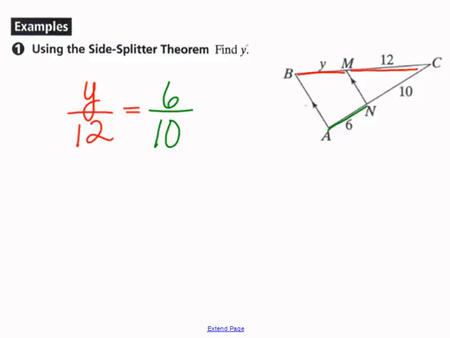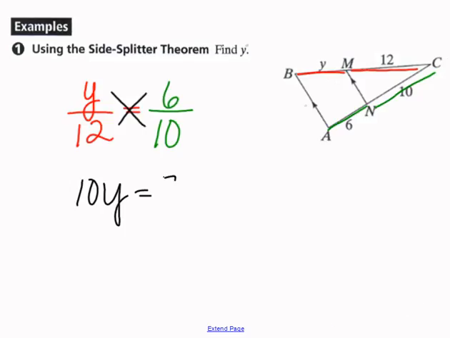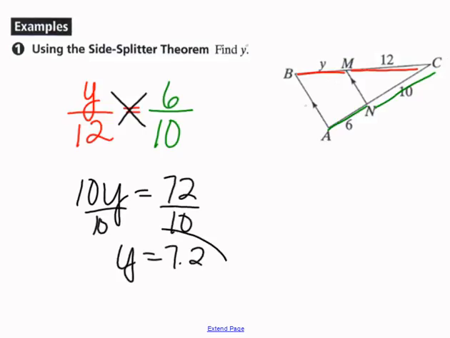So 6 is to 10. So now we just do our cross multiplication. We get 10y equals 72, divided by 10, and y equals 7.2.